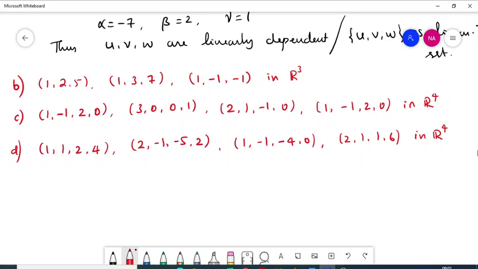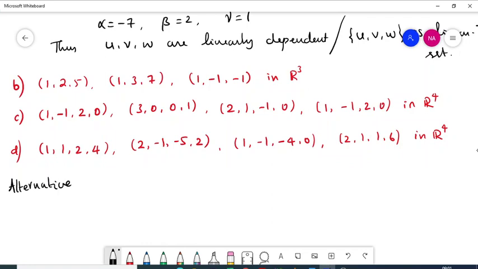Okay, this is one way, and there is an alternative for this. Either you can do as we solved problem A, or you can do like this.